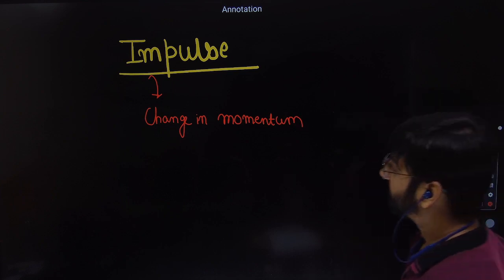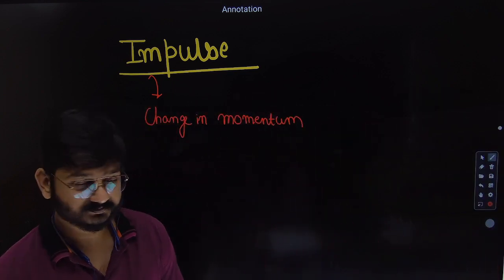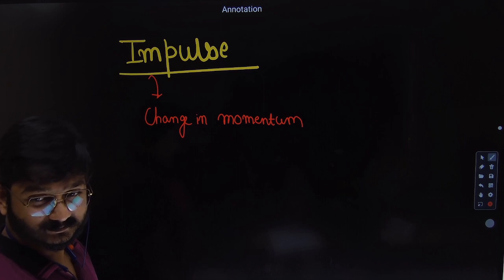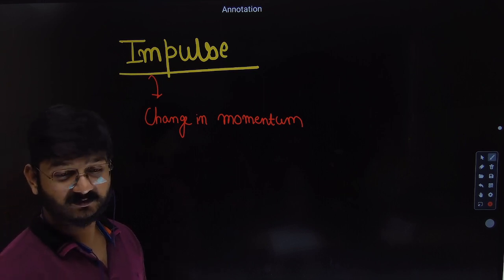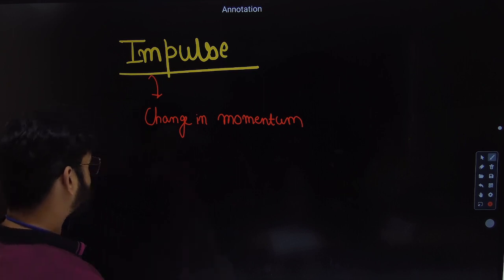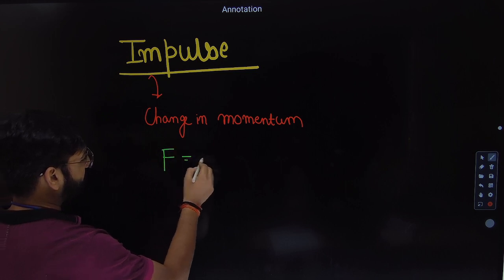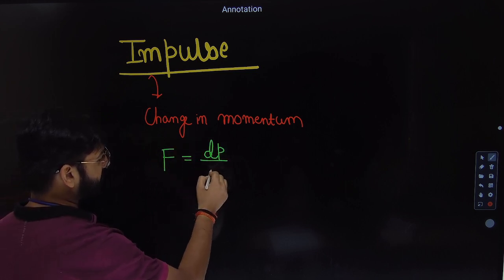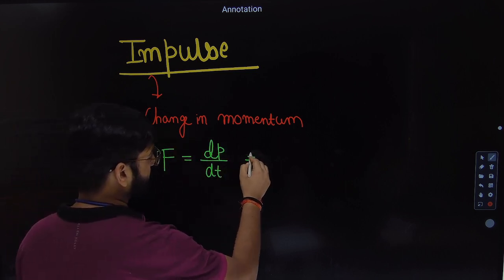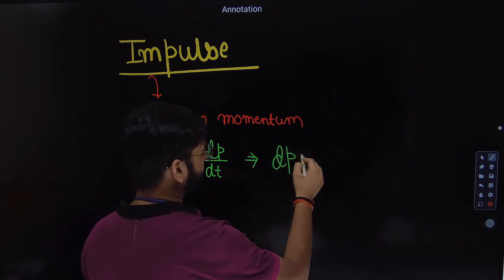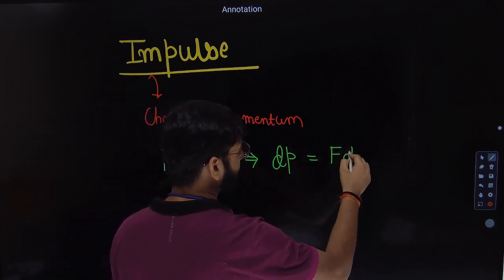Change in momentum is not force. Force is basically the rate of change of momentum. Okay. So change in momentum will be F dt.